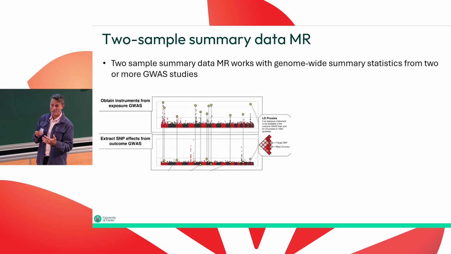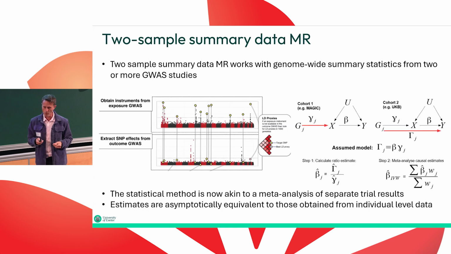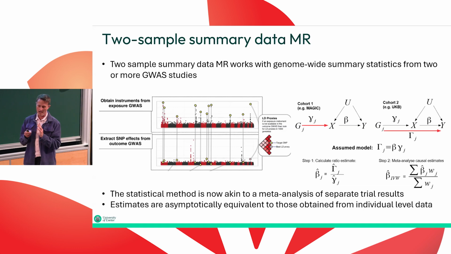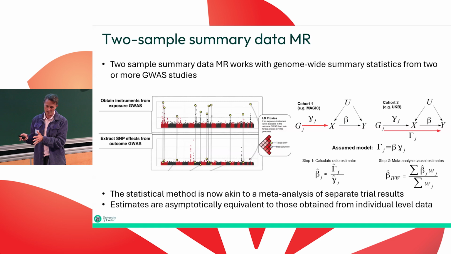So what you do is you piece together those two genome-wide association studies, first of all, to find powerful instruments for your exposure from an exposure GWAS, and then for the outcome GWAS, you measure those same selected variants' association with the outcome. So you're piecing together two separate cohorts where in one you've measured the gene exposure association, and in the other you've measured the gene outcome association.